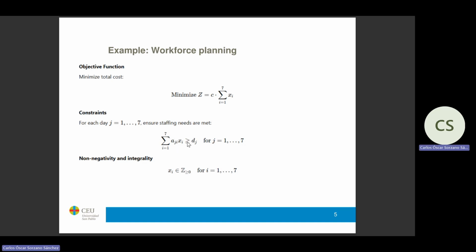So for every day j, the number of workers working that day has to be larger than or equal to d_j, and the number of workers working on a day is given by the matrix times the number of workers starting on each one of the days. And then we have the constraint that the number of workers starting every day has to be an integer larger than or equal to 0. Okay, so we will not solve this problem for the moment.